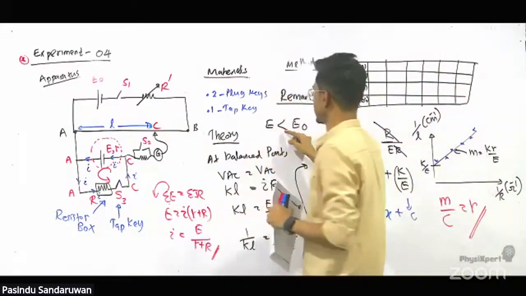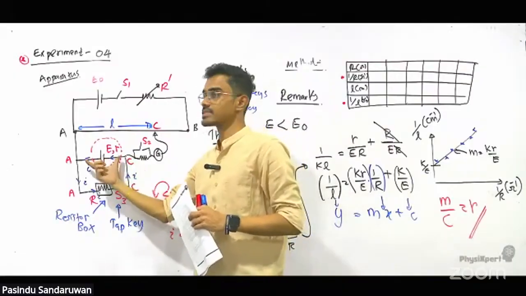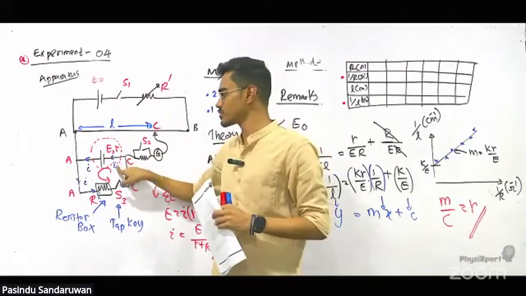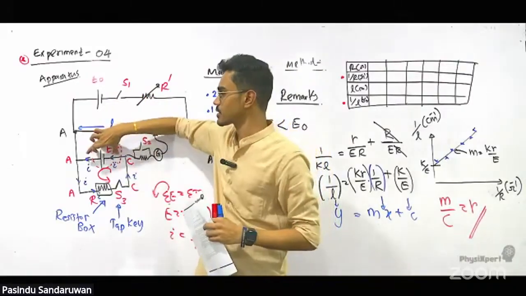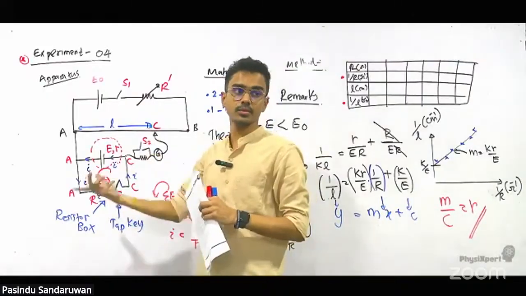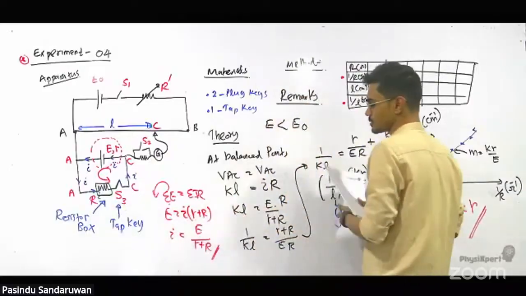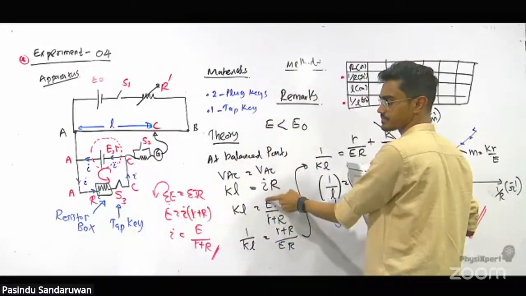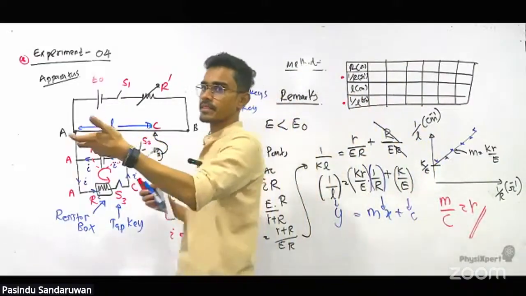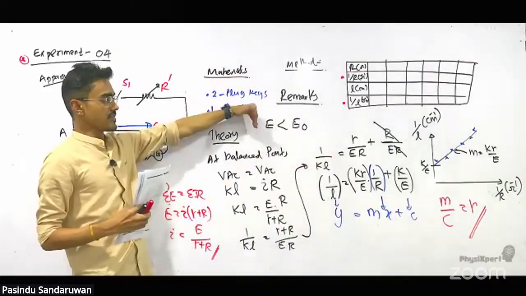Now, even if E is greater than E naught, that doesn't matter if we measure the potential difference when the current flows. Even then the balance is with that potential difference, that is E minus IR when current flows. But to be on the safe side, we are using this.